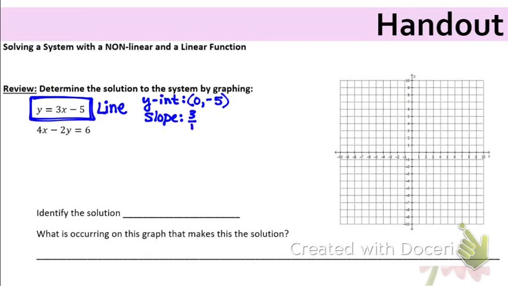So I'm going to mark my y-intercept down here at -5. From there, I'm going to go up 3 and right 1, up 3 and right 1, until I can't do that anymore. And then I'm going to go backwards. Then I'm going to grab my straight edge and connect those dots. The side of your student ID works really well for this.